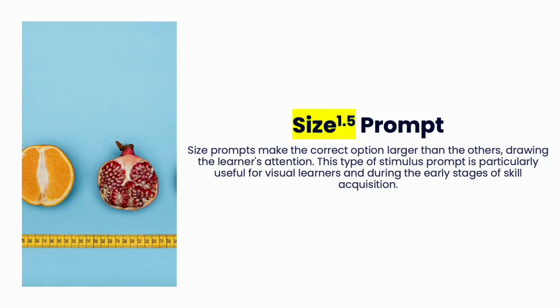So if you're having them point out in an array which things are numbers and which are letters, like B, 1, C, D, E, and then a 4, you make the 1 and the 4 bigger, so they point to the 1 and the 4 as numbers. When you ask, point to the numbers in these symbols, you would have to plan that and create that, and then you slowly make the size smaller and smaller. This can't be used for everything, but it can be used for a lot of things.